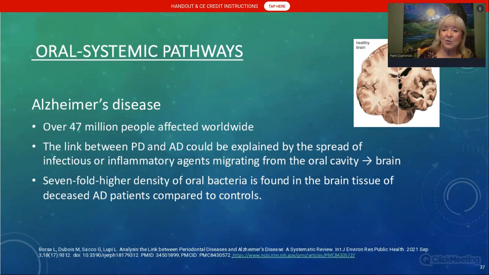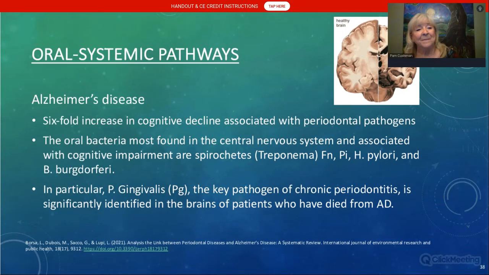In patients who have passed from Alzheimer's disease and have the autopsy done, there has been found 7-fold higher density of oral bacteria in that brain tissue. There's also, when there's perio disease going on, a 6-time increase in cognitive decline.